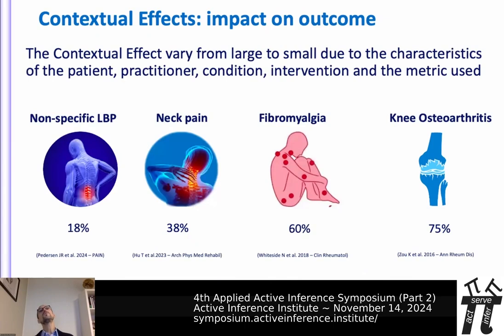Another question we should ask ourselves is what is the weight of contextual factors influencing the outcome? For a long time, it was a common opinion in the scientific community that about 33 to 35% of the total therapeutic effect depends on the contextual component.